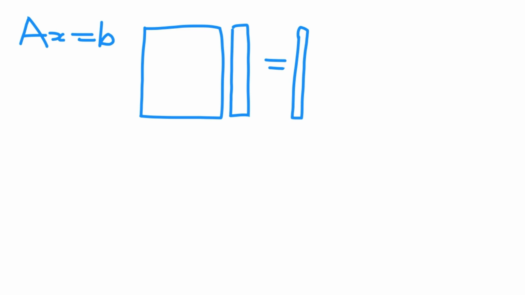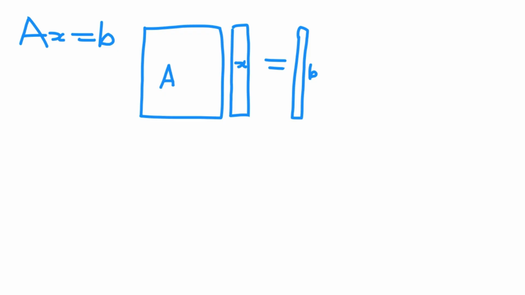Some of you may not have done this before. So we've got A, and then we've got x, apologies for my bad writing, equals B. We know the matrix A. We know the vector B on the right-hand side. What we're trying to solve for is this vector of unknowns, x. Remember that a matrix times a vector equals a vector.